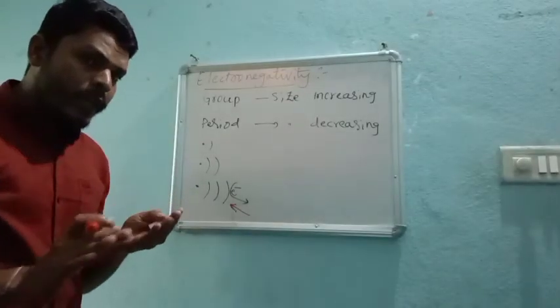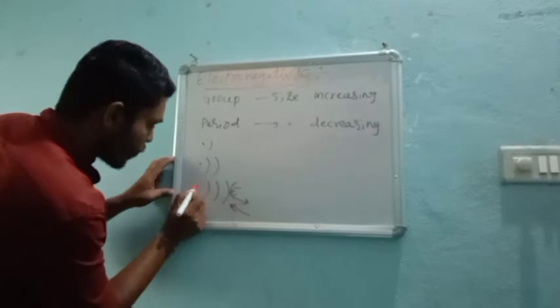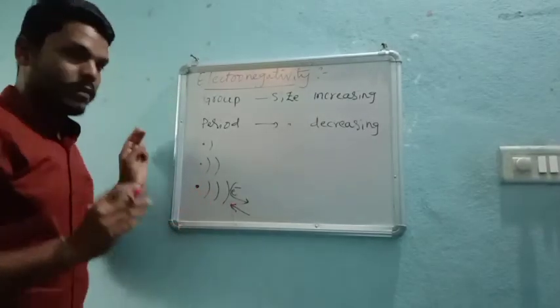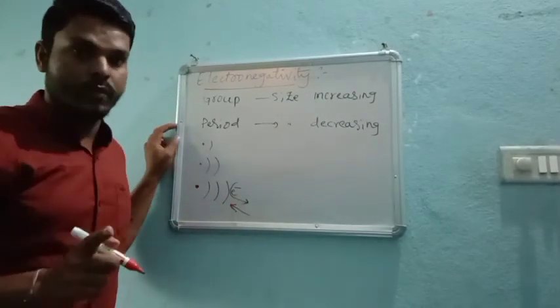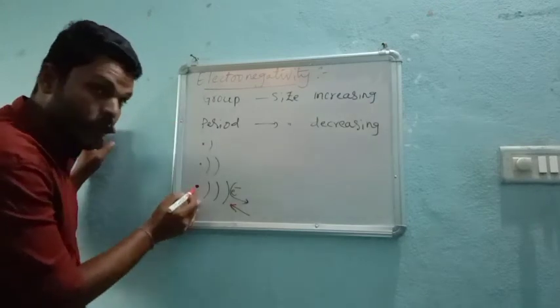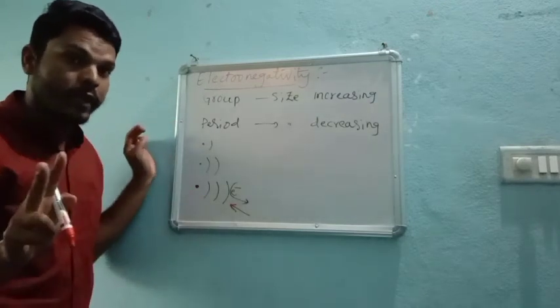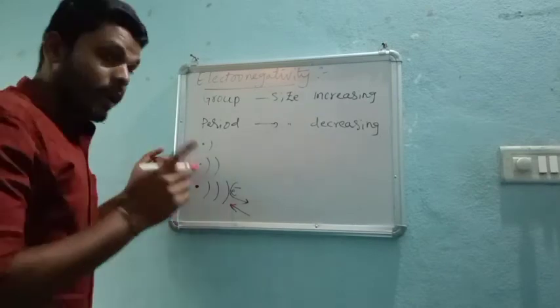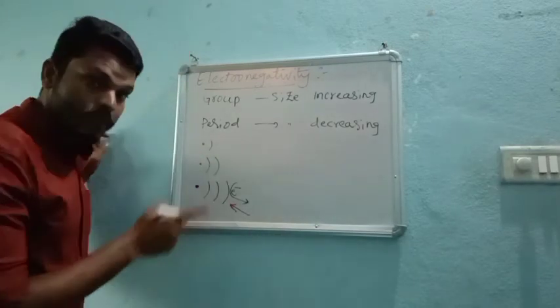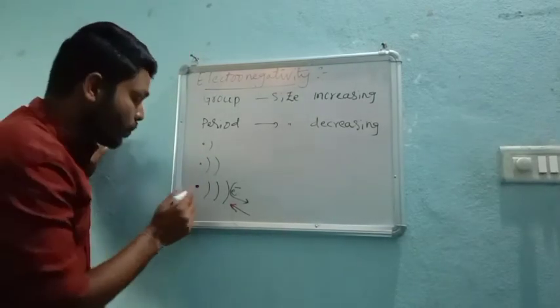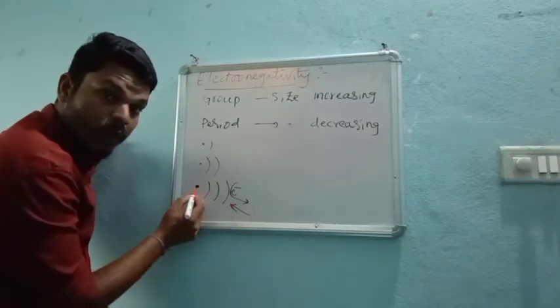If I remove the electron, see, the proton number will not change. Why? Because protons are present at the nucleus. You can see my second class video, which is very important, and in that class I said this point is very important. So we cannot remove these protons.